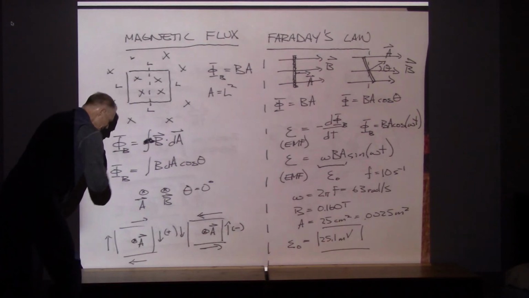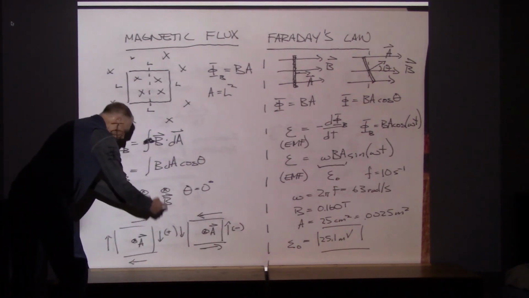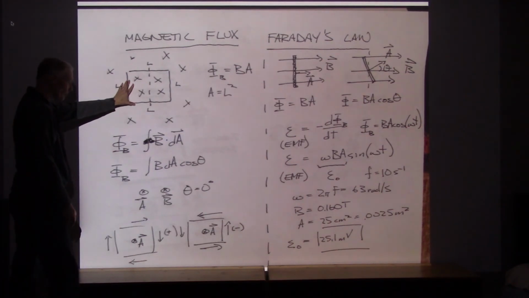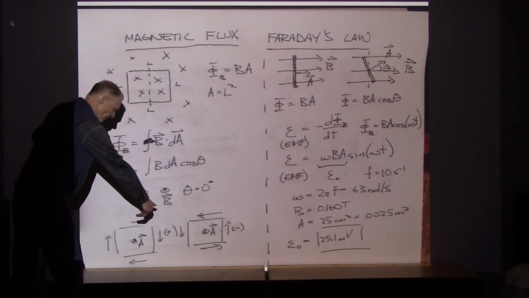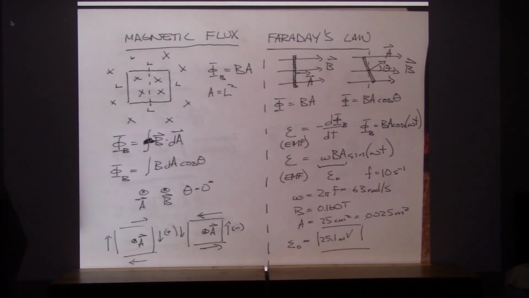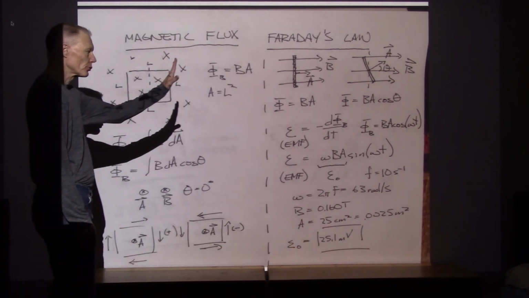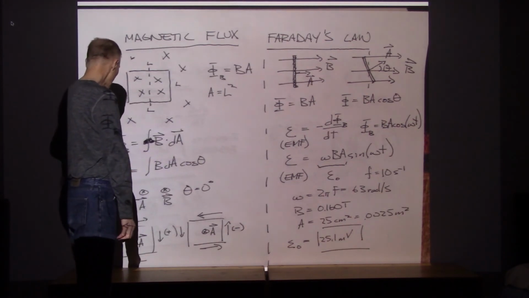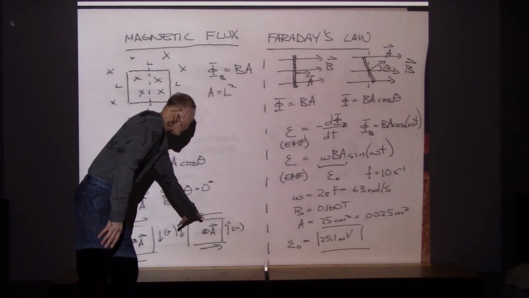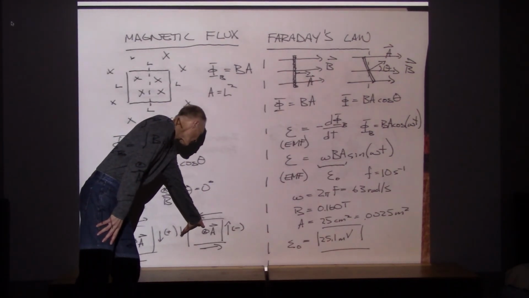That means the positive direction for the EMF and the positive direction for the current in this diagram is going to be like this. Now, what would be the negative direction? If I calculate the EMF and it turns out to be a negative value, then I could use my left hand and put my thumb into that area vector.